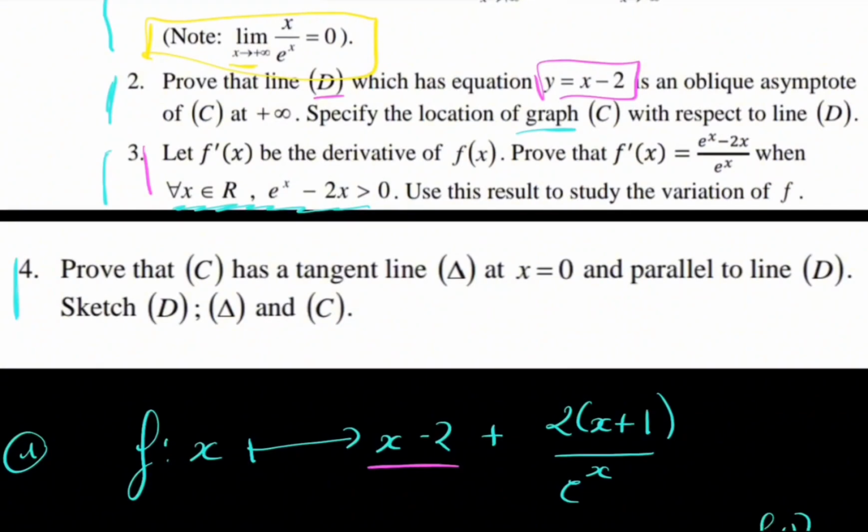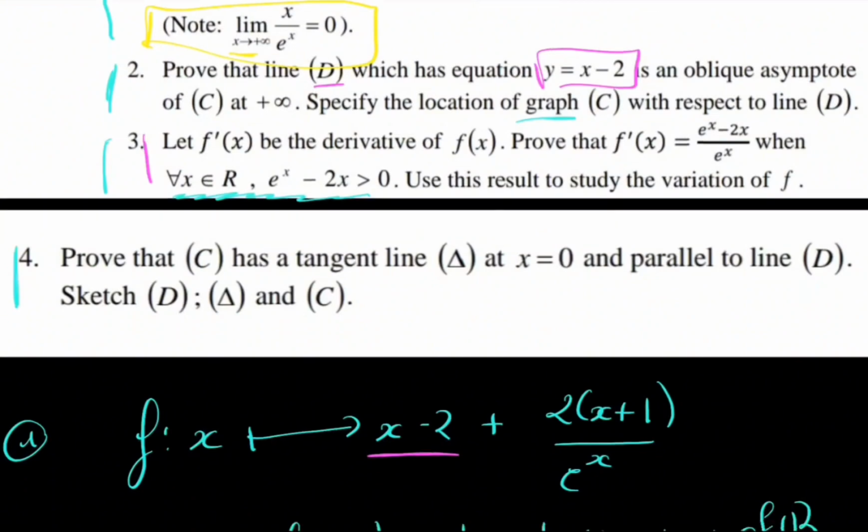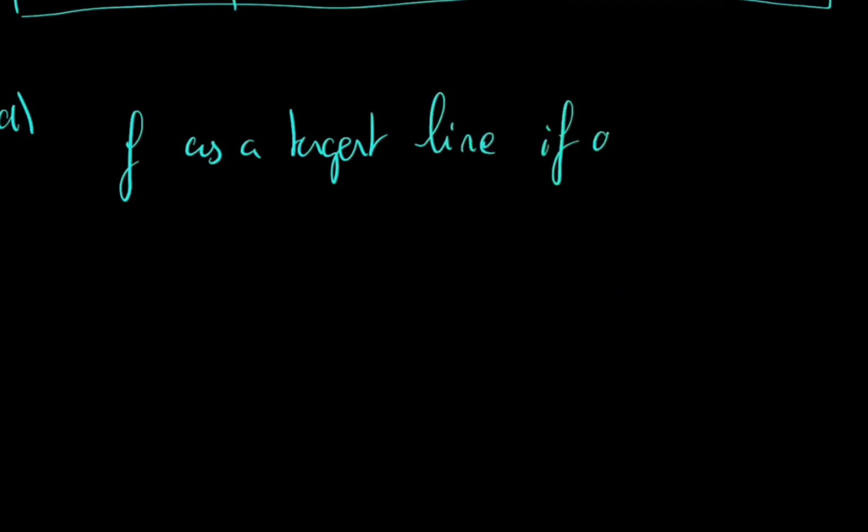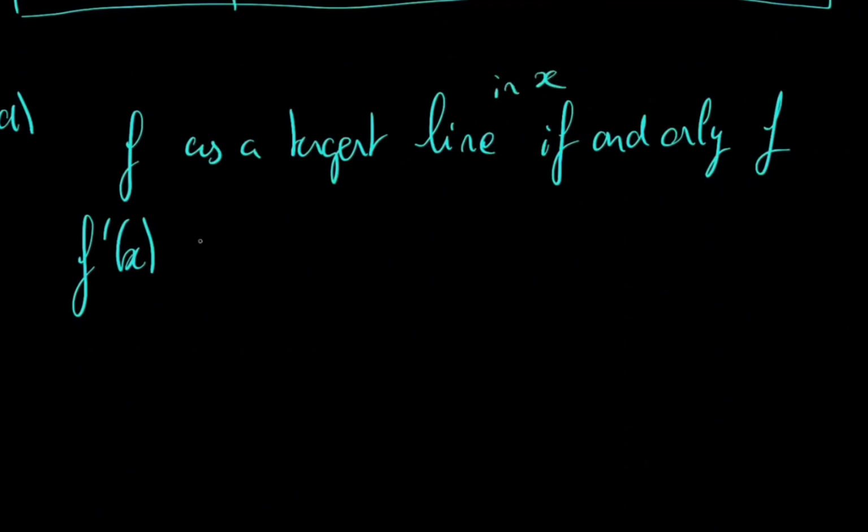Now prove that C has a tangent line delta at x equal to 0 and parallel to D. Okay, so what does it mean? So f has a tangent line if and only if f prime of x exists.